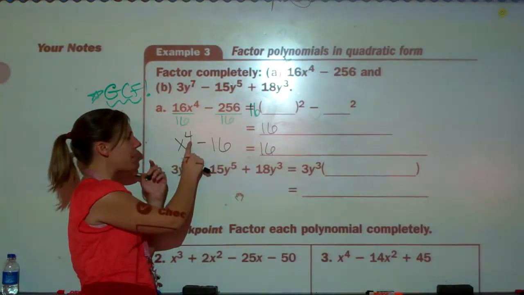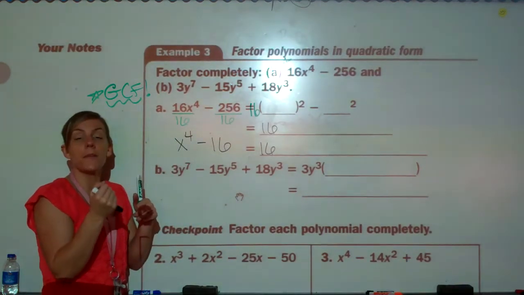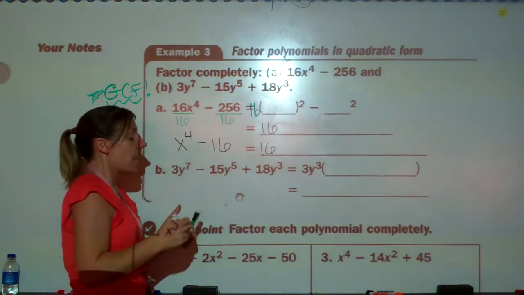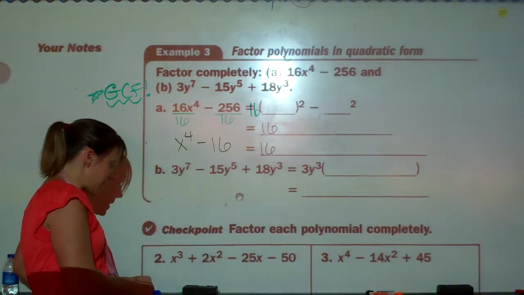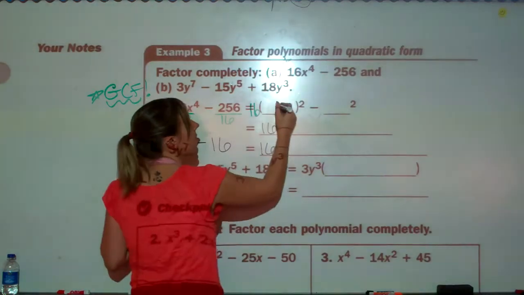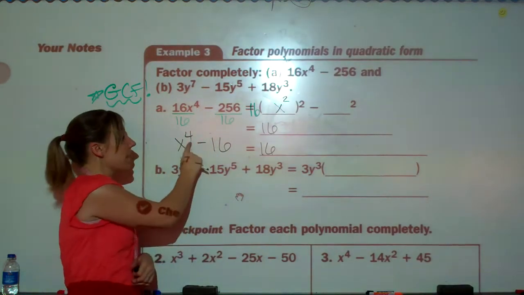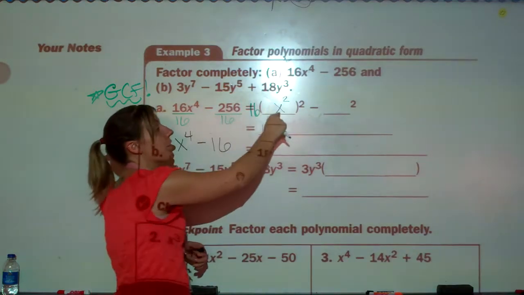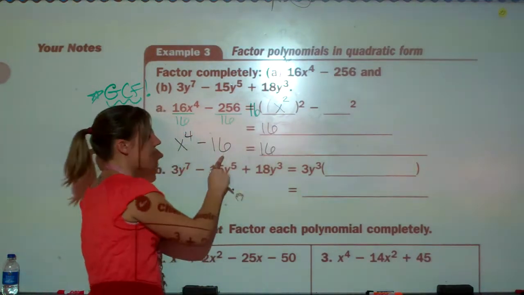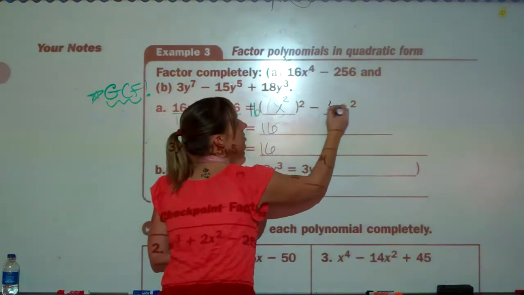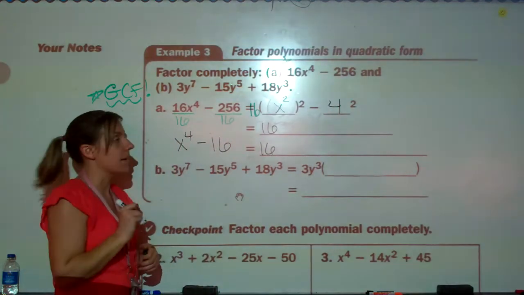Now, these can both square root, okay? Even though it's a fourth power, that fourth power actually means something squared. And what it means is x squared. If you take x squared and you square it, you get x to the fourth. So that means that I'm squaring this, and then 16 is just 4 squared, okay?